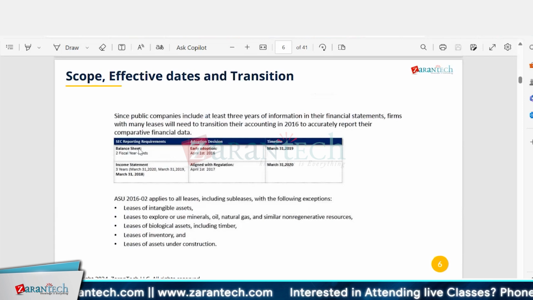SEC reporting requirement: balance sheet 2 fiscal year ends, income statement 3 years, that is March 31st 2020, March 31st 2019 and 2018. Okay. Adoption decision: early adoption April 1st 2016, aligned with regulation April 1st 2017. Timeline March 31st 2019 and March 31st 2020.